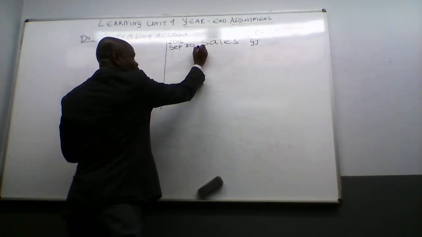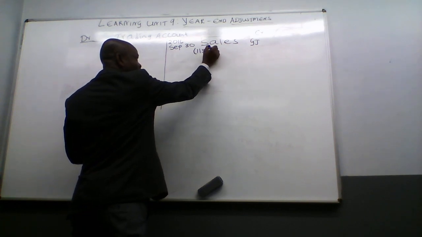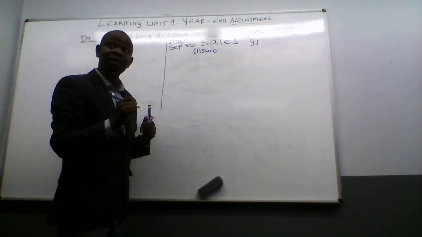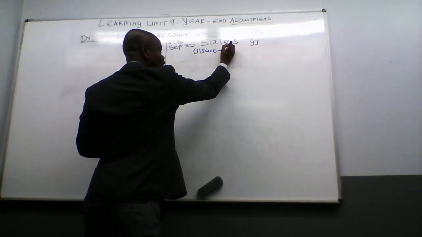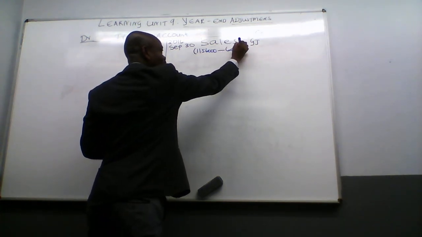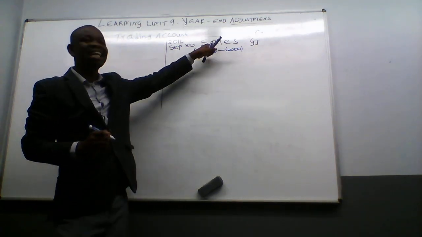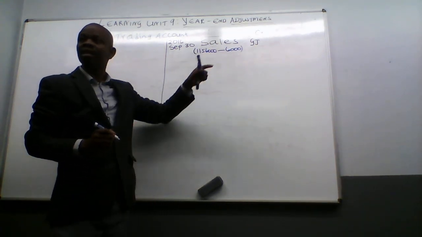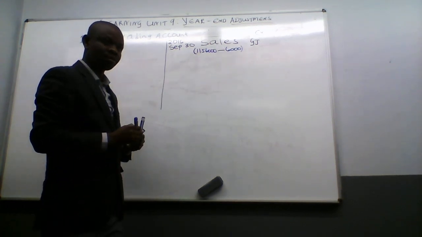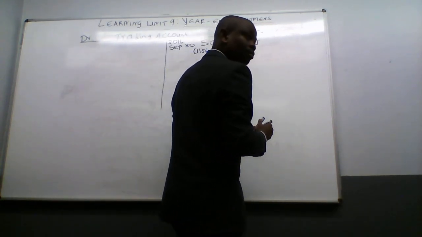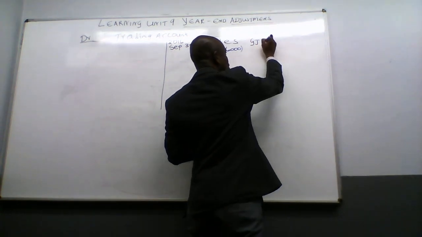You said what? 1156 like this. Yes. But we must first do what? Minus how much? 6,000. You see now? Don't forget. I need adjusted sale. Right, adjusted next to this account. Adjusted. How much is it? 1,150,000. Like this.